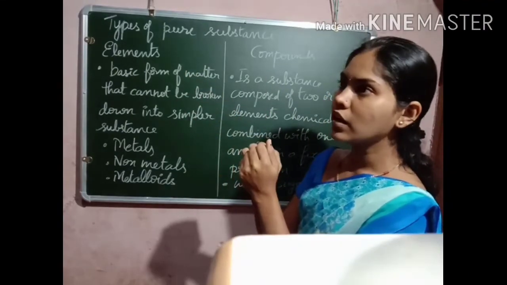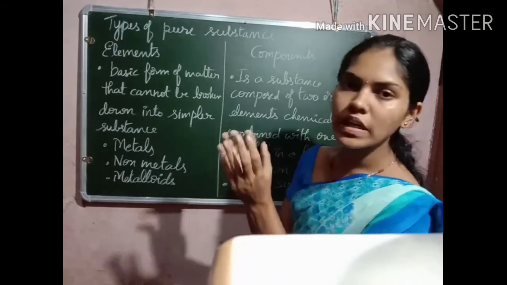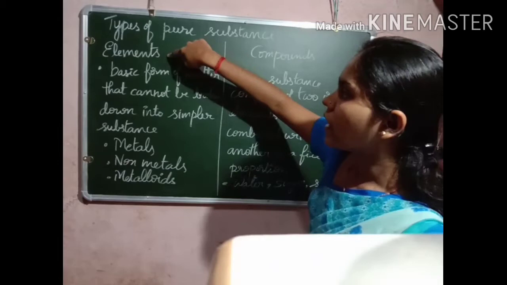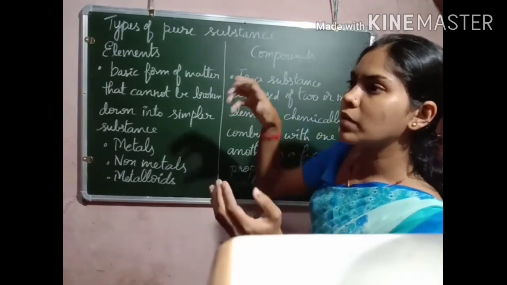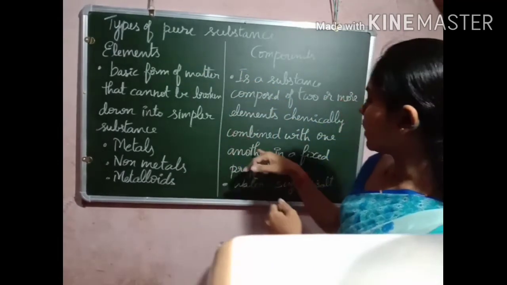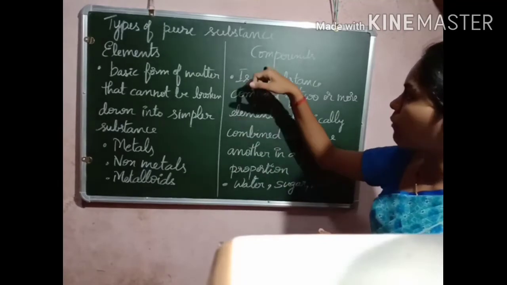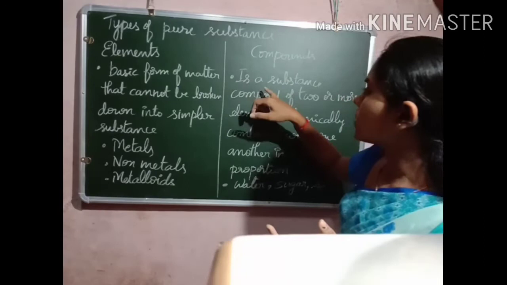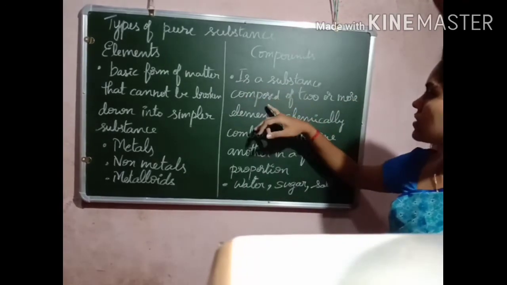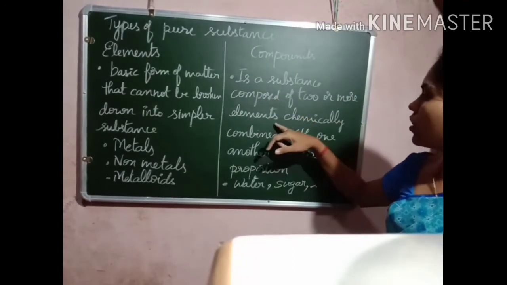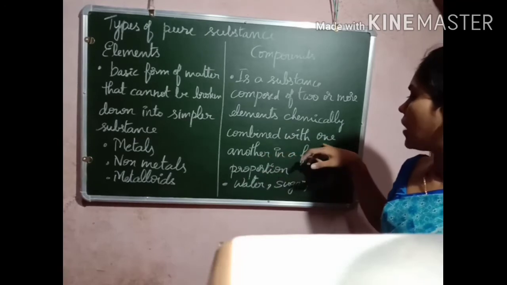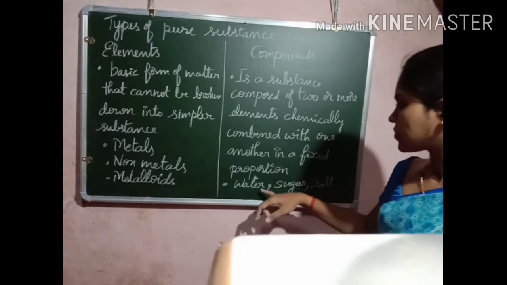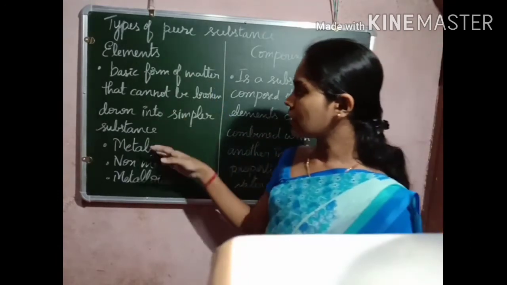When you combine them in a fixed proportion, you will get a compound. What is that? Water. Water is H2O. H2O is a compound. Got it?